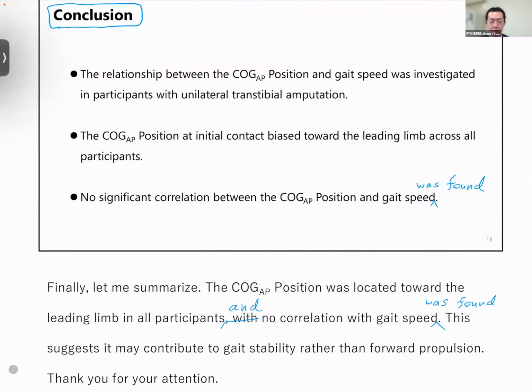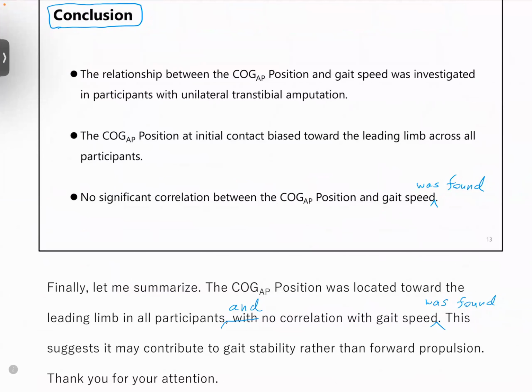Thank you. Finally, let me summarize. The COG sub-AP position was located toward the leading limb in all participants, and no correlation with gait speed was found.